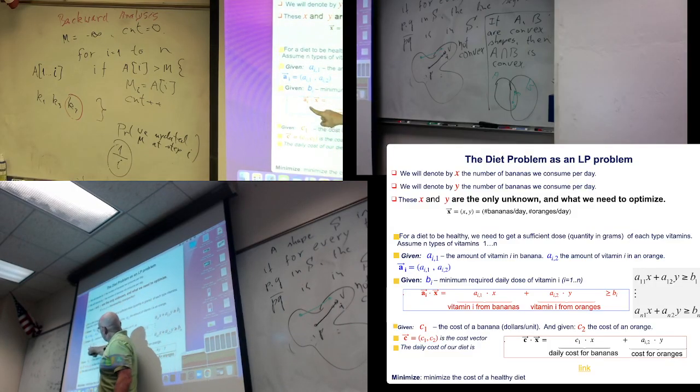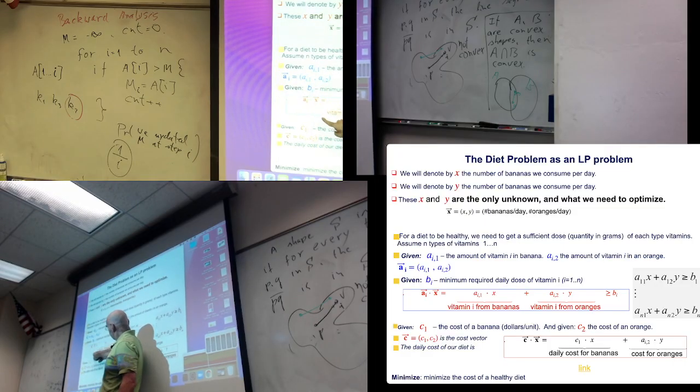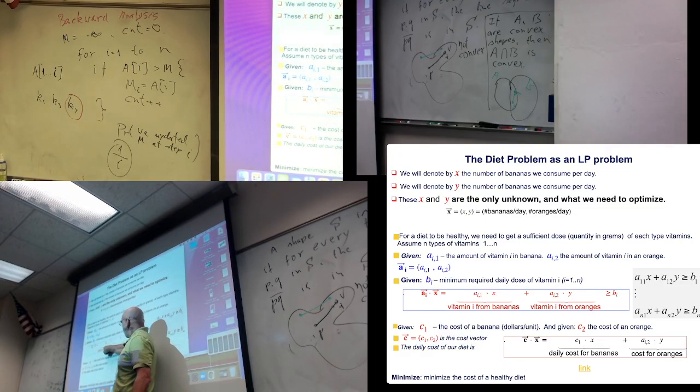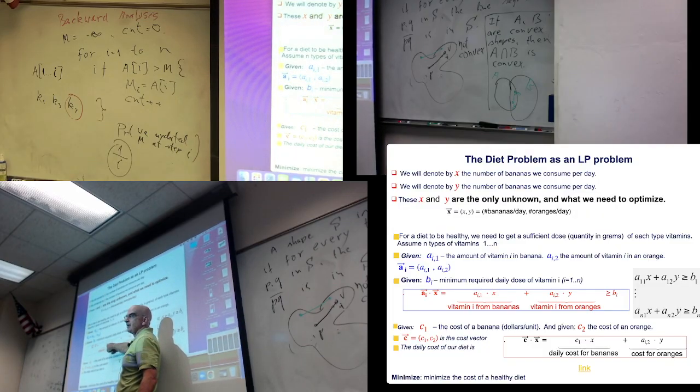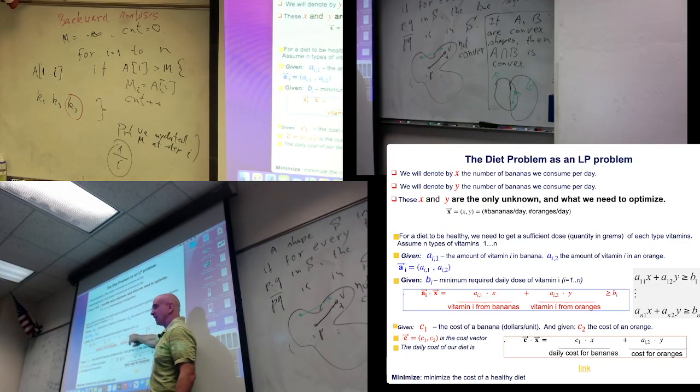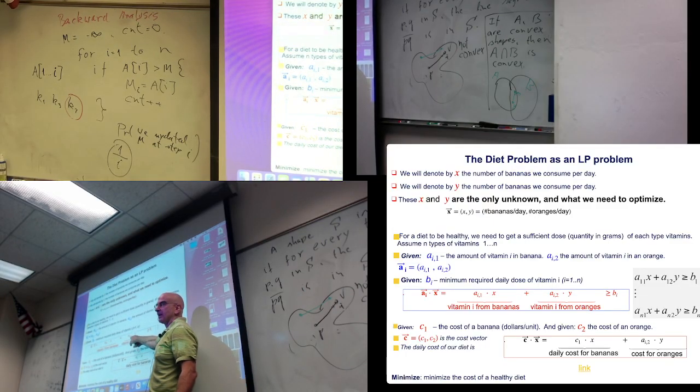So, what is A_i times the vector x? It takes A_i1 times x. What does it mean? How many units of vitamin i do I get from bananas, given that I eat, say, 3 bananas per day, and in each one there are 7 units. So from vitamin i I got this many units just from the bananas, plus a similar set of units that I got from the same vitamin, but from the oranges.